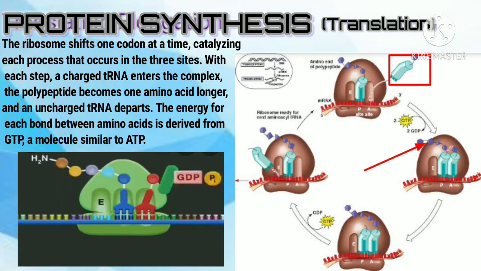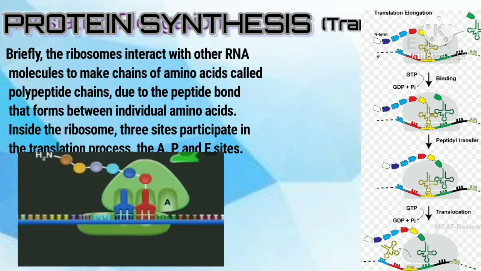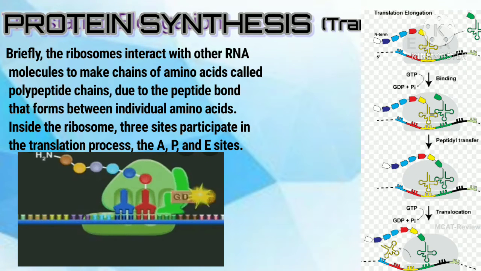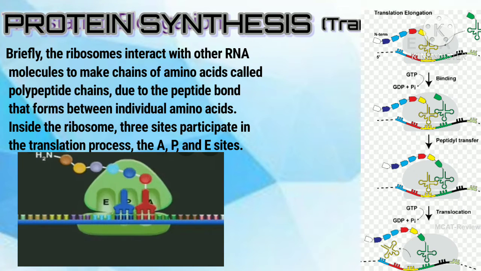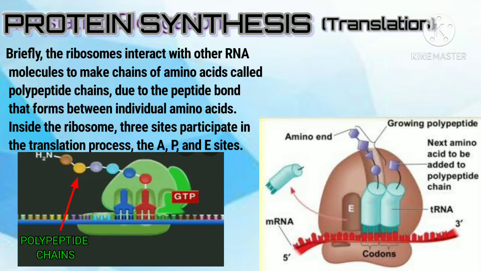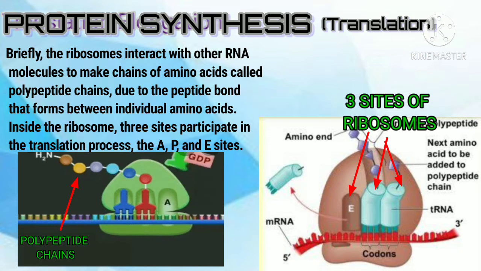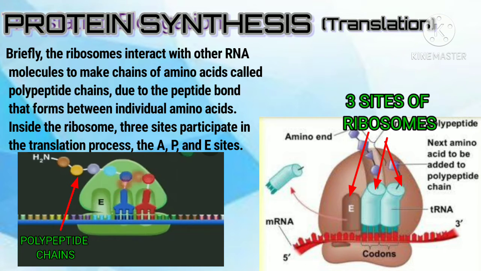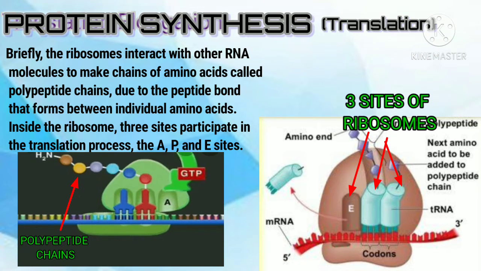Briefly, the ribosomes interact with other RNA molecules to make chains of amino acids called polypeptide chains, due to the peptide bonds that form between individual amino acids. Inside the ribosome, three sites participate in the translation process: the A, P, and E sites.